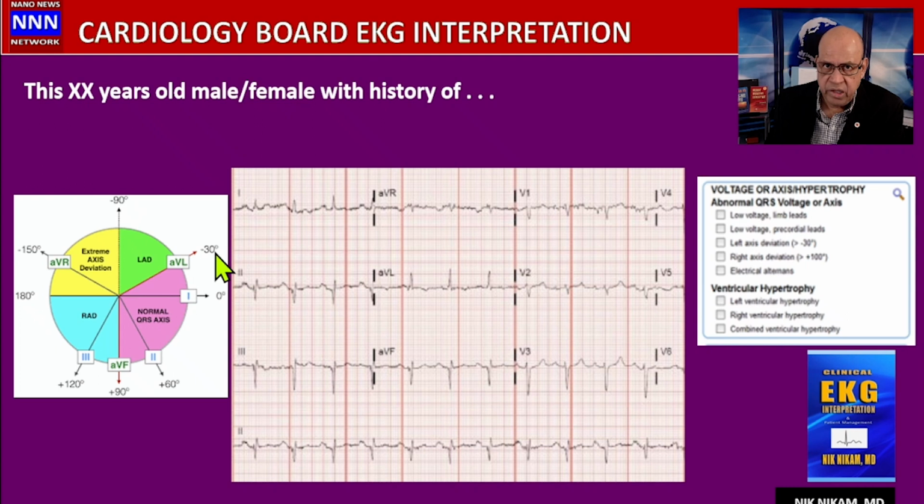That means it is more than minus 30 degrees. So we have left axis deviation plus left anterior hemiblock. Remember, left anterior hemiblock can have left axis deviation also, whereas left axis deviation doesn't necessarily mean that you have left anterior hemiblock unless the axis is more than minus 45 degrees. That's where they can trick you.